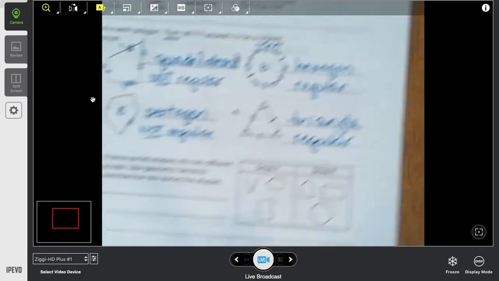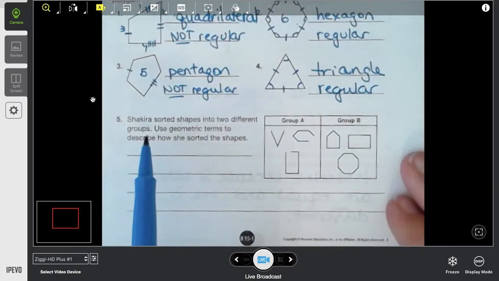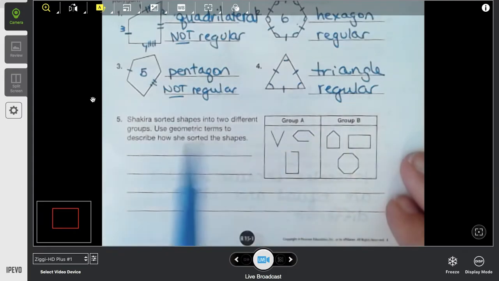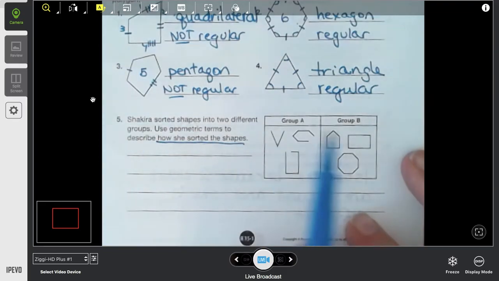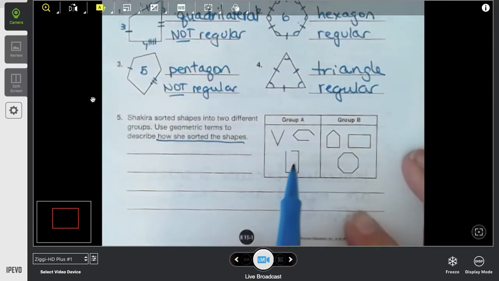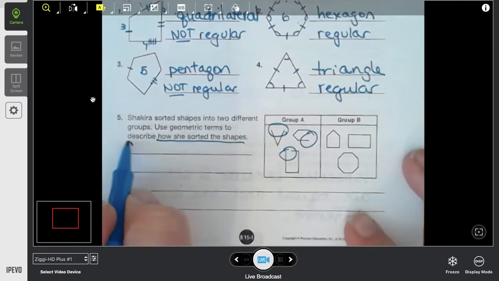Okay. All right, let's look at this table at the bottom. It says Shakira sorted the shapes in 2 different groups. Looks like Group A and Group B. Use geometric terms to describe how she sorted the shapes. So what did she do to sort them? What's common between all 3 of these? Here's where I see something in common. Every one of them is open.